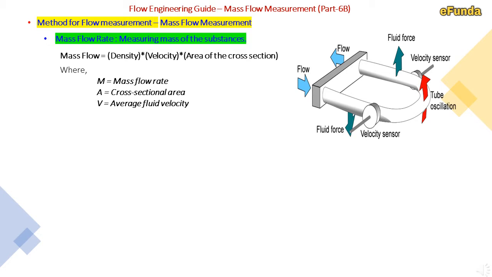Mass flow is equal to density multiplied by velocity of the fluid passing through the pipe and multiplied by the area of cross section of the pipe, where m is denoted as the mass flow rate, A is the cross sectional area and v is the average fluid velocity.